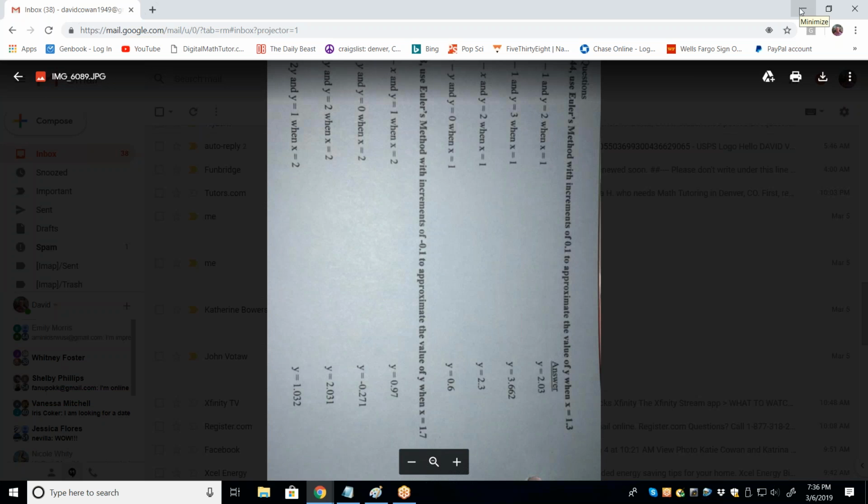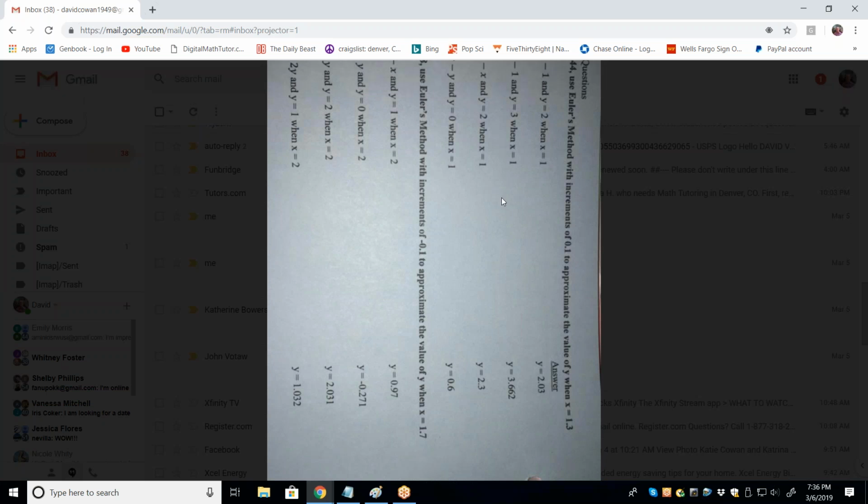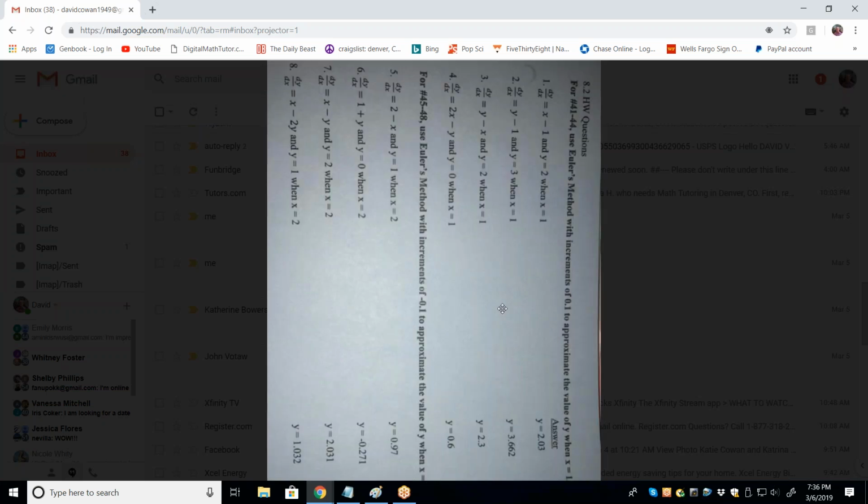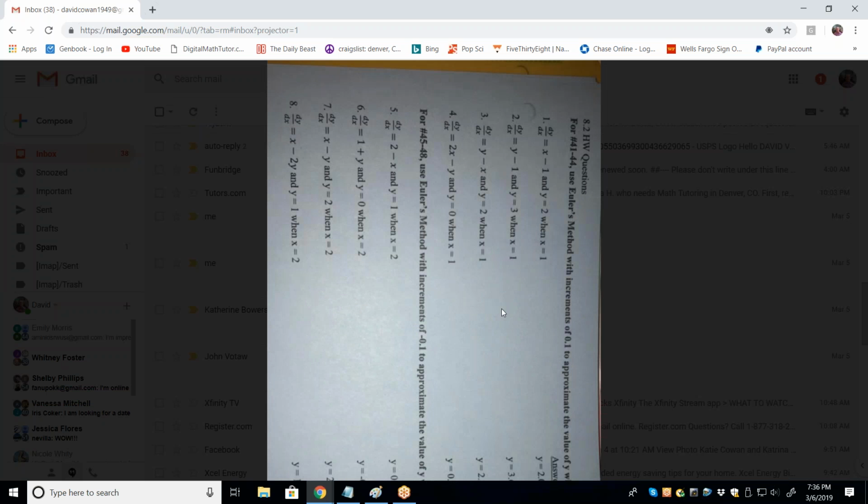You got to download it, and then I open it with Paint, and it allows me to solve it. This is from my Calc AB student, and she was given all of these to solve using Euler's method.